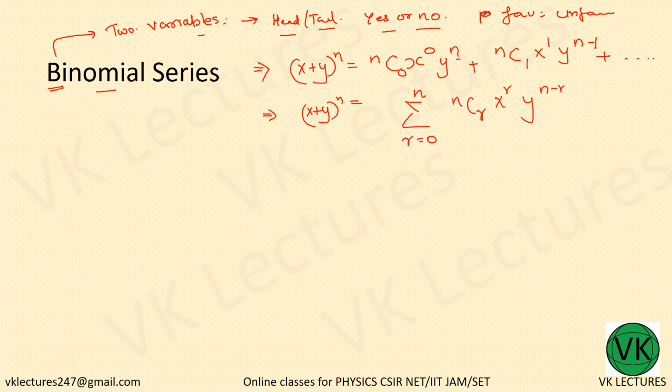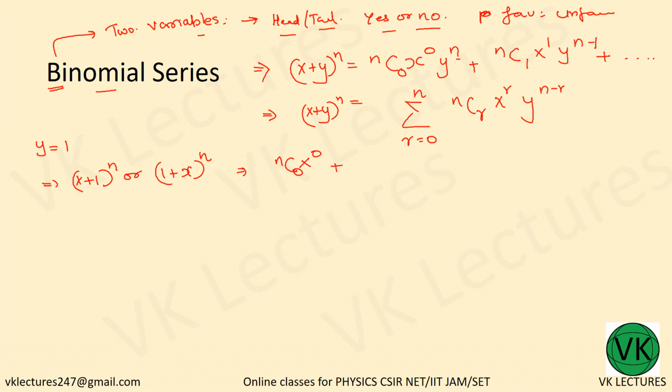For example, if you put y is equal to 1, then you can write x plus 1 whole to the power n, or 1 plus x whole to the power n. Then how can you write this? As nc0 x to the power 0, y you need not consider because y to the power anything is 1 since y is equal to 1.